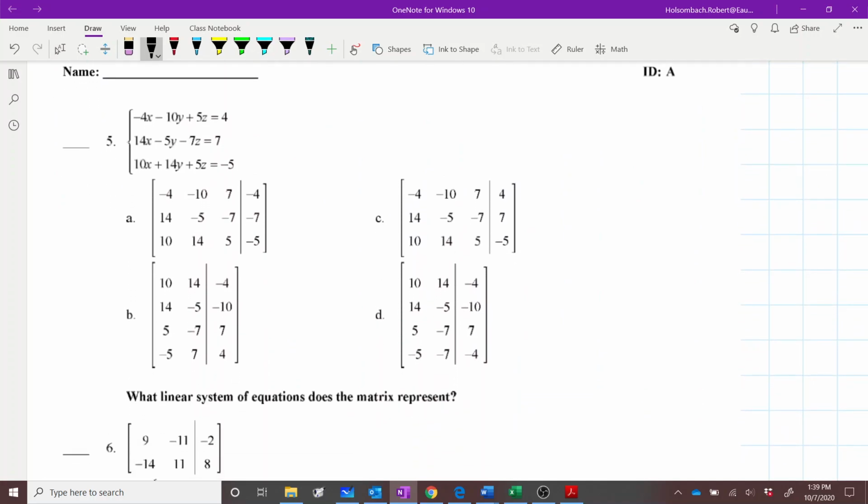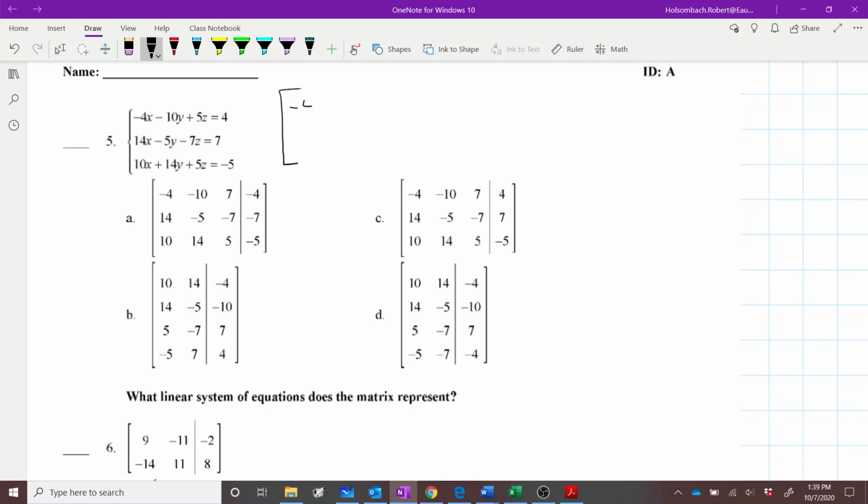Alright, it's the same concept here again for number 5 as it was for problems 3 and 4. So just remember that your corresponding coefficients must stay in order. If there's a variable missing, you replace it with a 0.